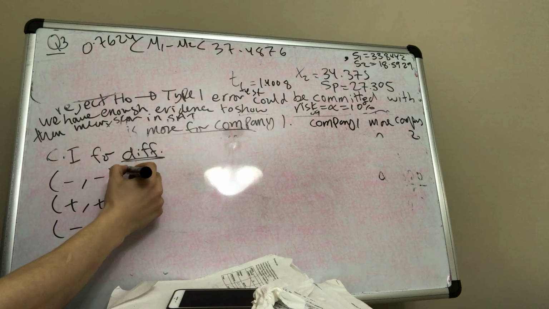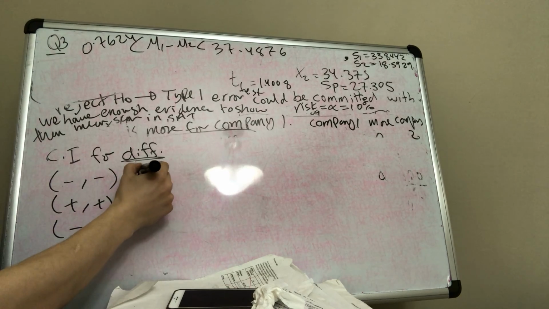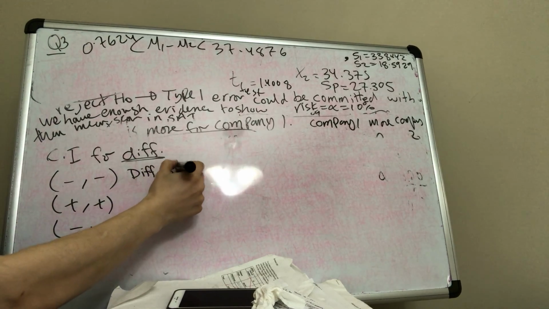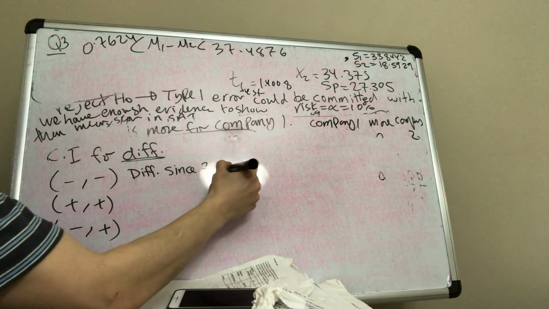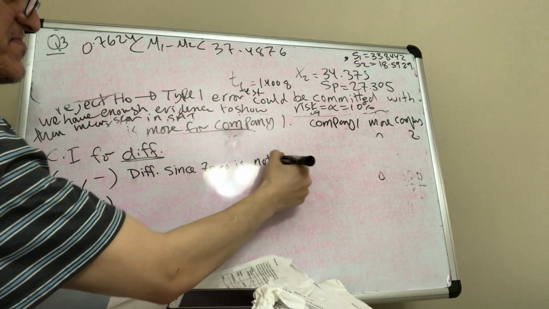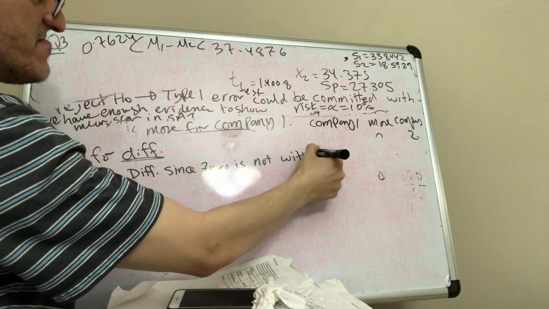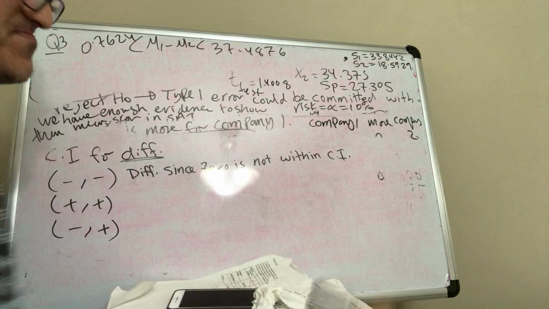If you have two negative numbers, then they must be different, since 0 is not within the confidence interval.